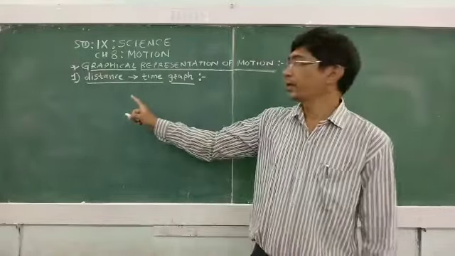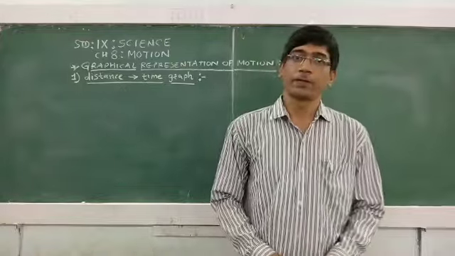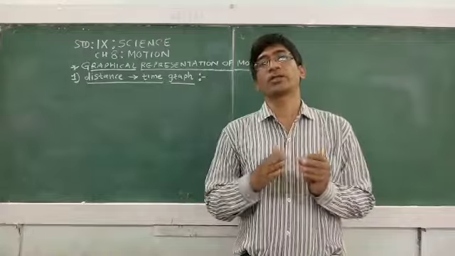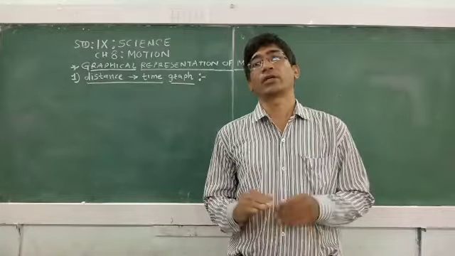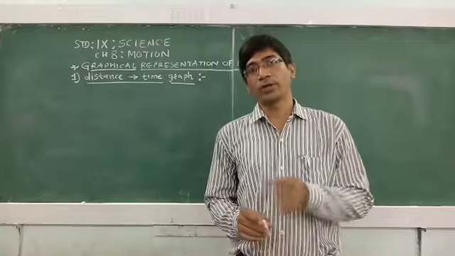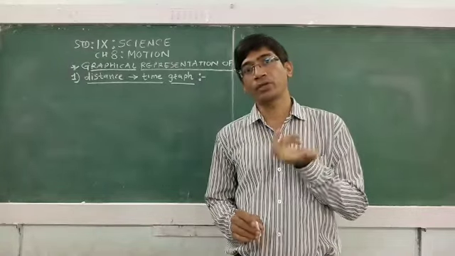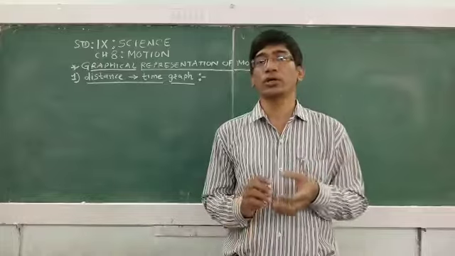First we are taking the distance versus time graph. Whenever an object is moving, it covers distance in a given time interval. Sometimes the object is at rest: time is going, but its position is not changing.